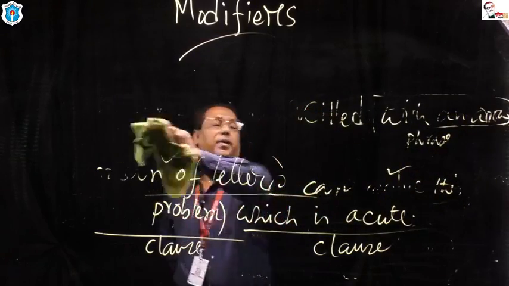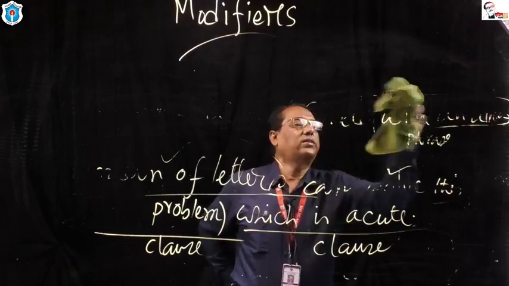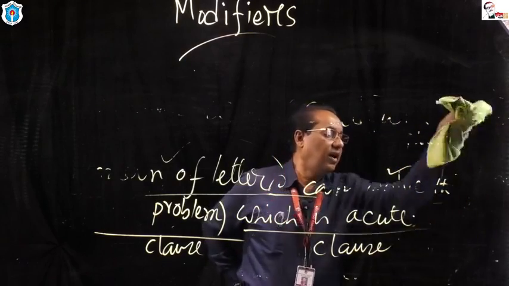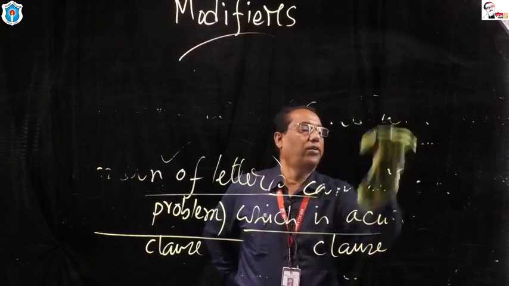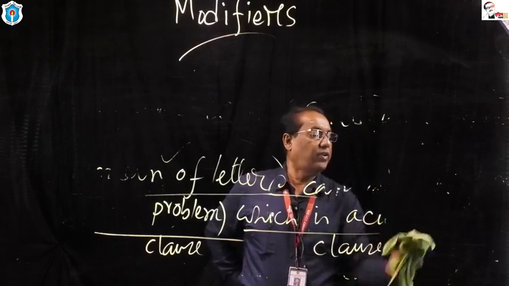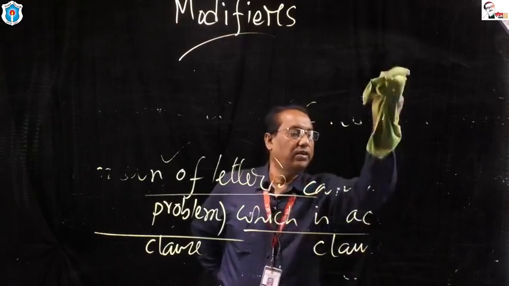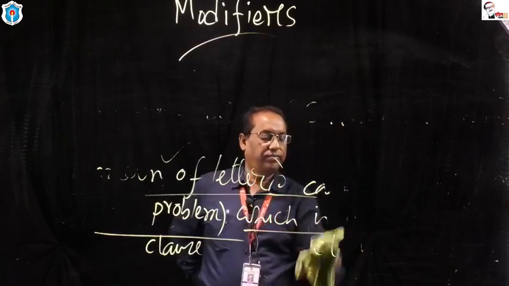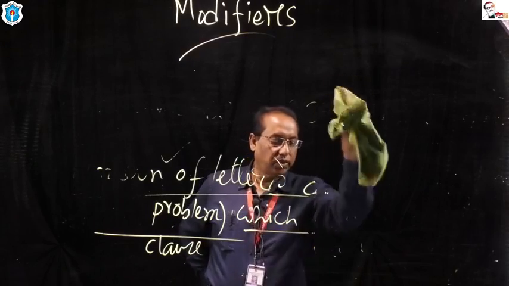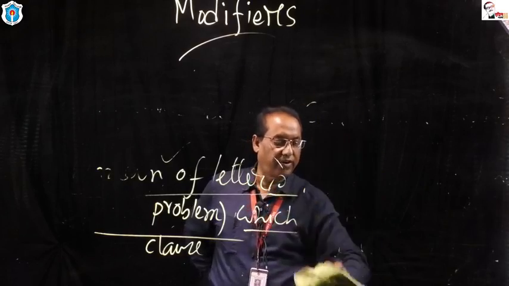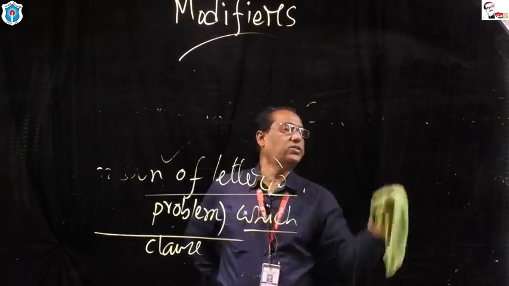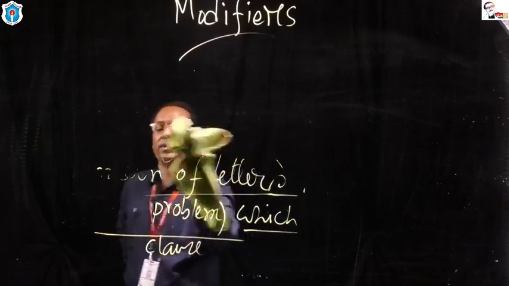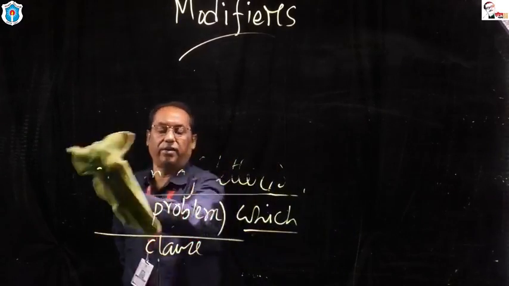So far I have discussed what a modifier is. Now I want to focus on the classification of modifiers. Most of the students know that there are two kinds of modifiers. One is pre-modifier and the other is the post-modifier.